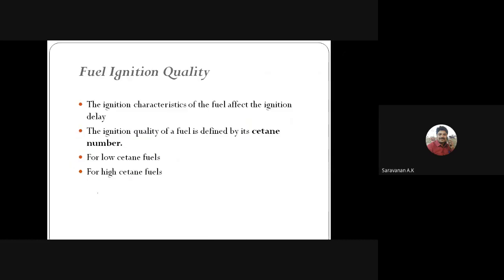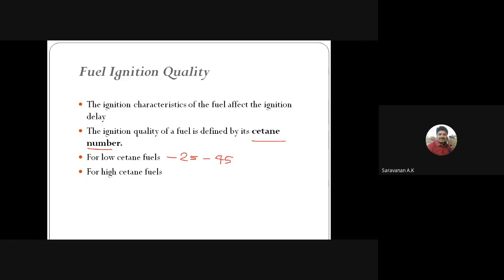So the ignition characteristics of the fuel affect the ignition delay, and the ignition quality of the fuel is defined by the cetane number. Low cetane numbers, around 25 to 45, are for low speed diesel engines, though scientists recommend a cetane number of 45 for the diesel engine.